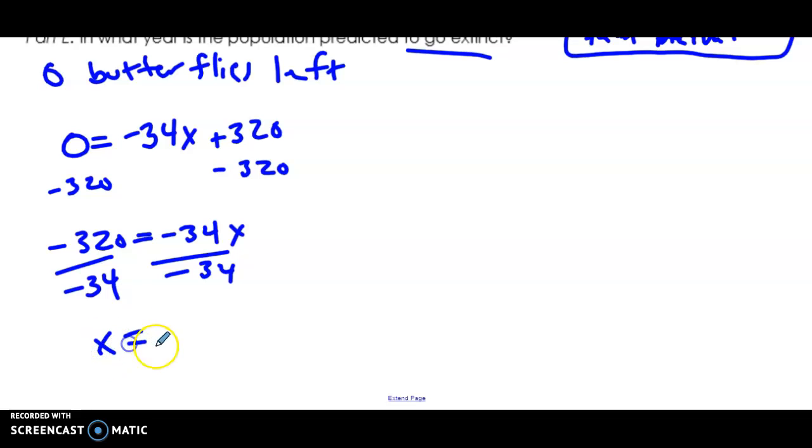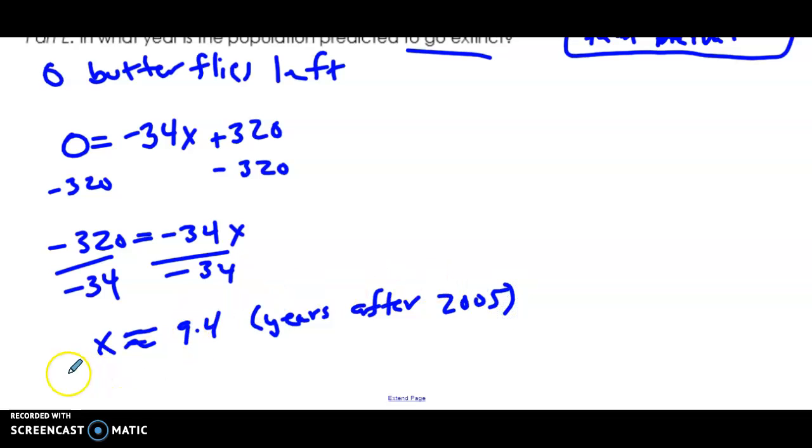We get x equals around 9.4. So we are 9 years past 2005. This is years after 2005. So 9 years after 2005 is 2014.